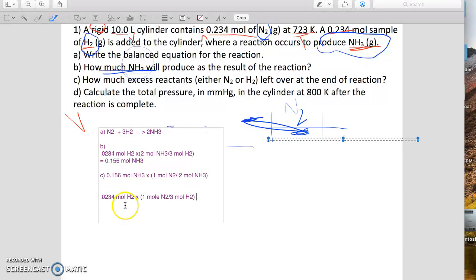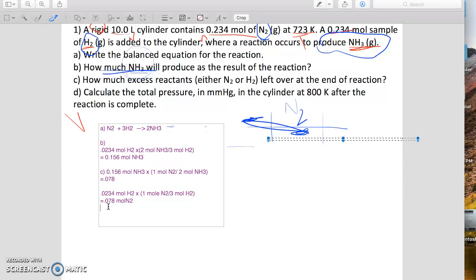This is the only difference that I have. Now, the answer would be 0.078, and this is also going to get 0.078, and the unit will be moles of the leftover one, which is N2. Okay, I usually separate these when I write these.